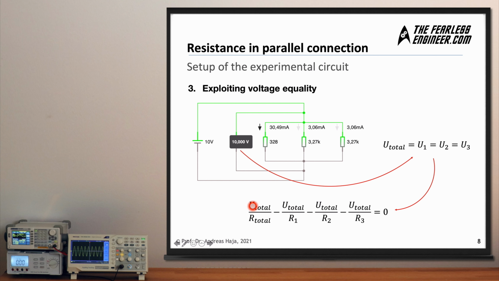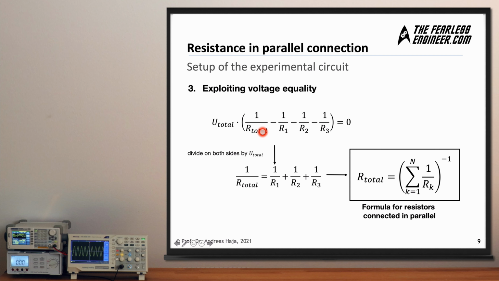And this means we can enter the same voltage here for all the different voltages which you have seen on the previous slide. So U total equals U1 equals U2 equals U3, and we now replace U1, U2, and U3 with the same voltage here, which offers us the possibility to divide by the total voltage on both sides of the equation, on the left and on the right, which is what we're going to do on the next slide.